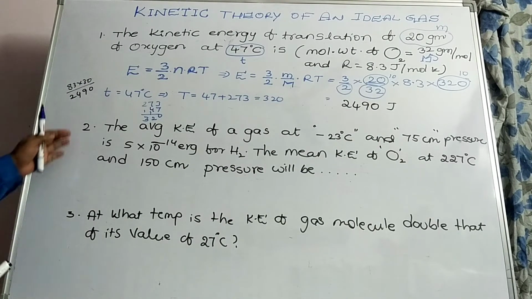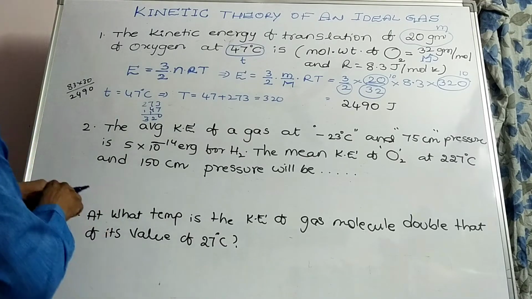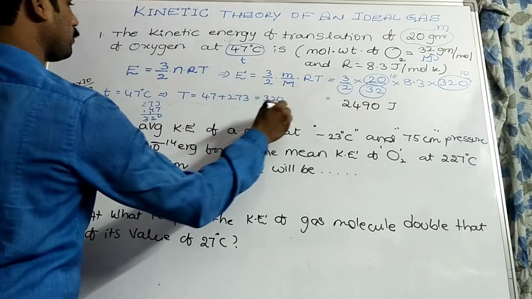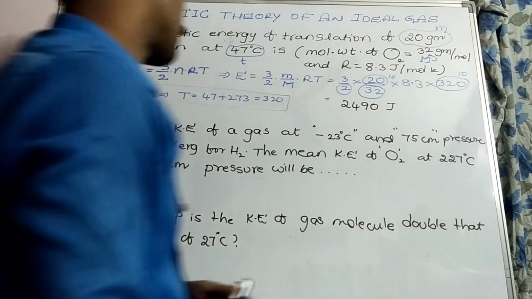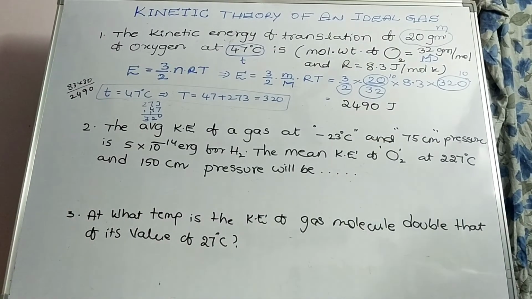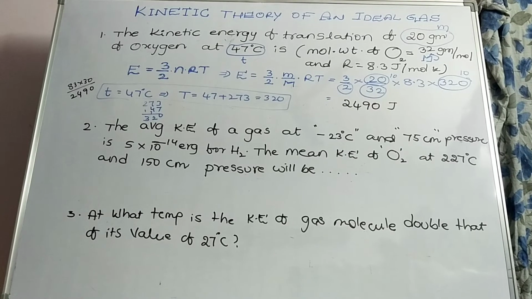Now, here we have the second question. The average kinetic energy of a gas at minus 23 degrees Celsius and 75 centimeter pressure is 5 into 10 power minus 14 erg for hydrogen. The mean kinetic energy of O2 at 227 degrees Celsius and 150 centimeter pressure will be.